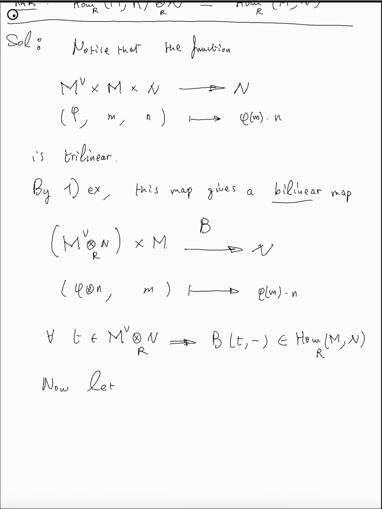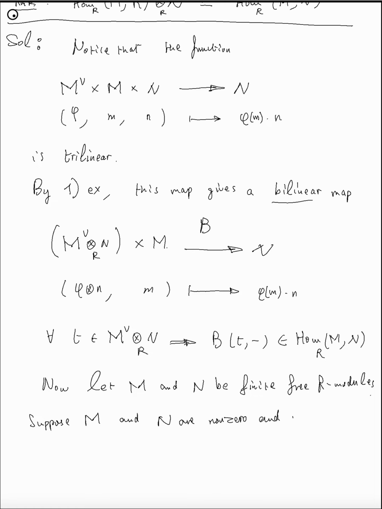Now let M and N be finite free R-modules. Suppose they're non-zero, otherwise the statement is trivial. And we want to show F is an isomorphism.